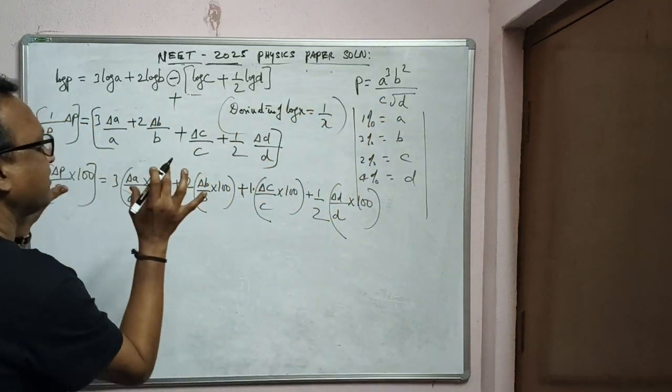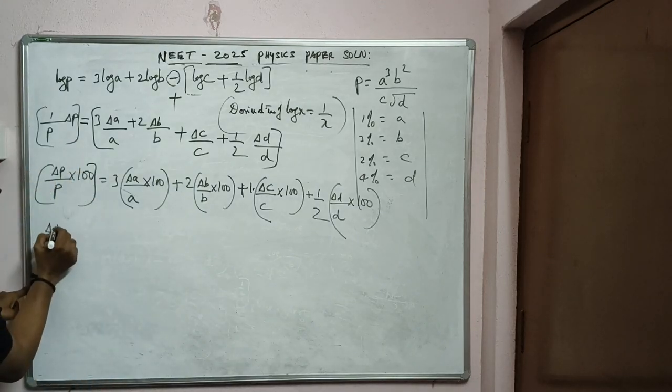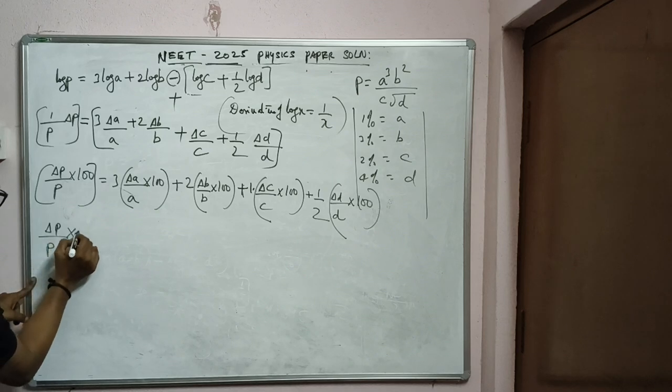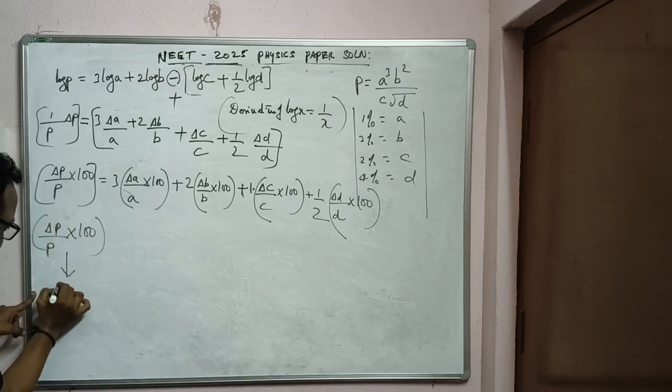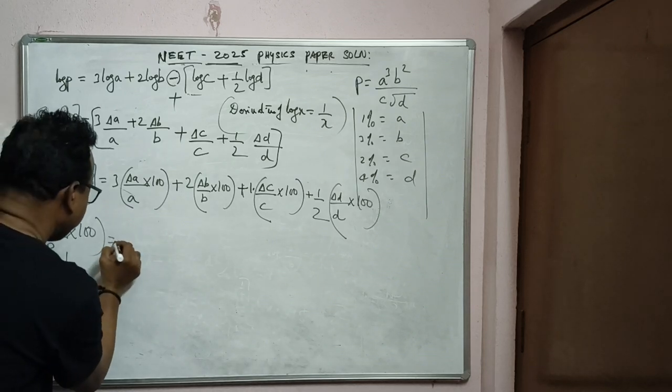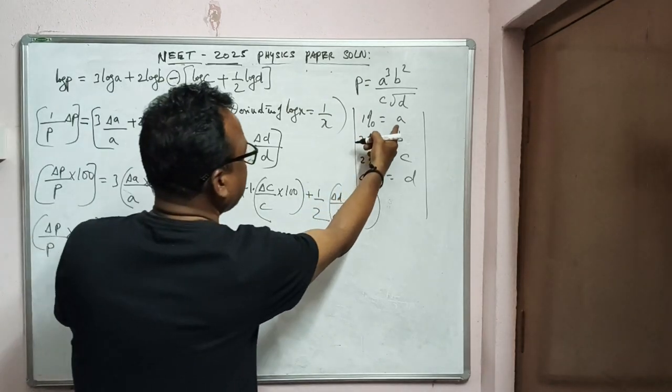Now put all the values here, copy paste. You want the percentage error, delta P by P into 100. This is nothing but your percentage error in P. So this is 3 into the percentage error in A, 1%.